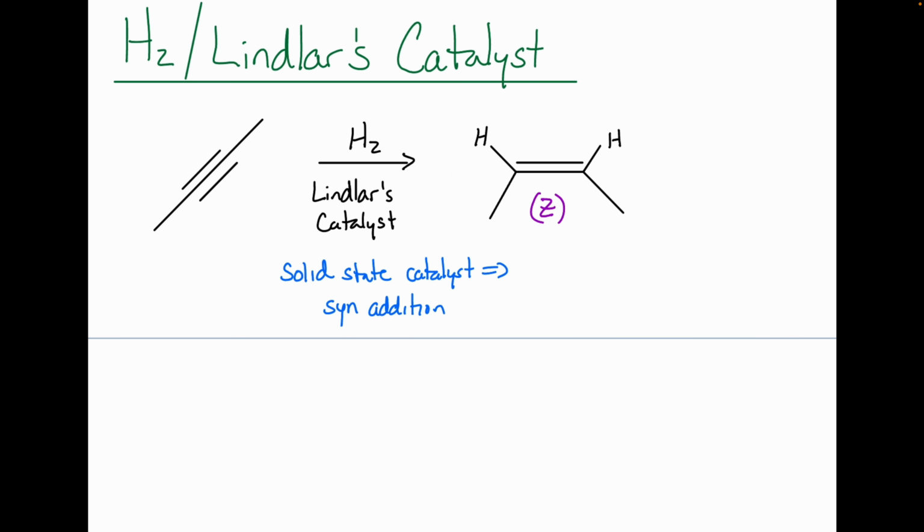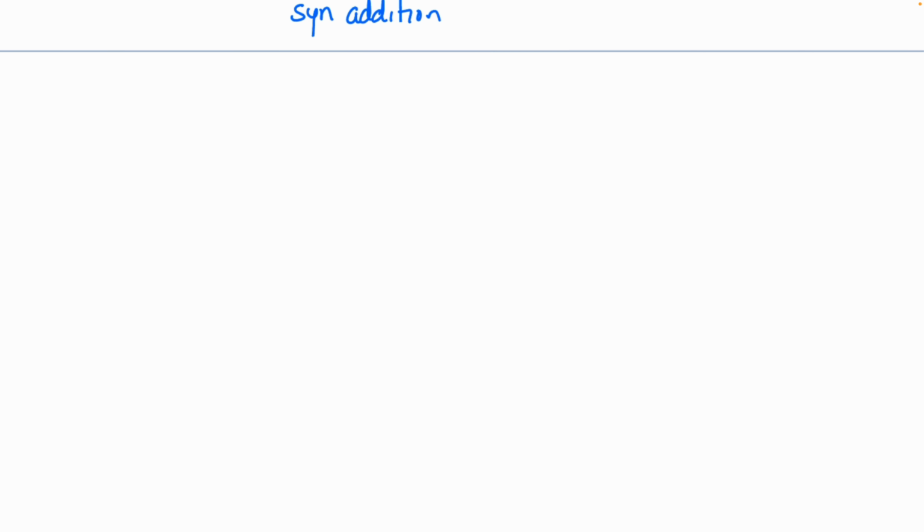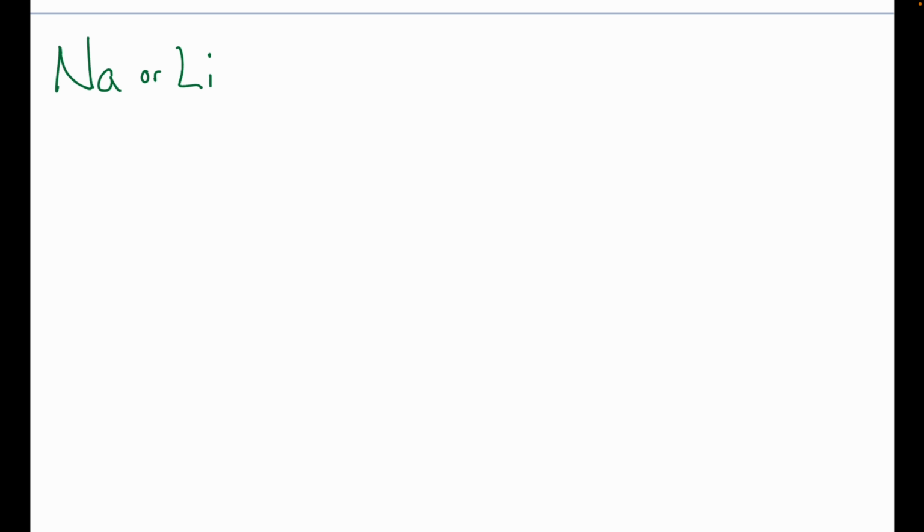All right, so then what if I want an alkene, but I don't want the Z stereochemistry, I want the E stereochemistry? We got another set of catalysts that we can use. Specifically, we're going to use either sodium or lithium, one of those group 1 metals, in liquid ammonia here.